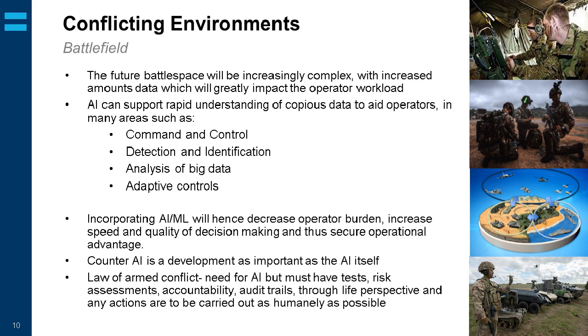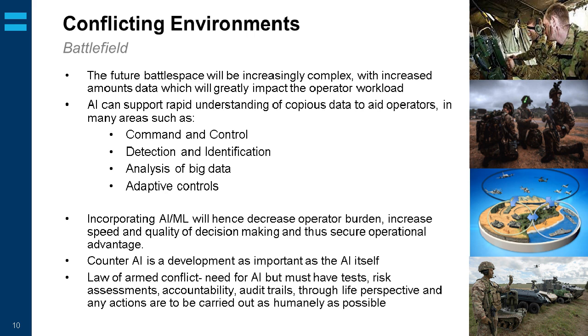Also, as I mentioned, the reason I spend a lot of time on ethics and safety is that we have the law of armed conflict, right? We have a need for this AI. We understand that it will reduce the burden, but what are the risk assessments associated with it? Who's accountable if anything goes wrong?